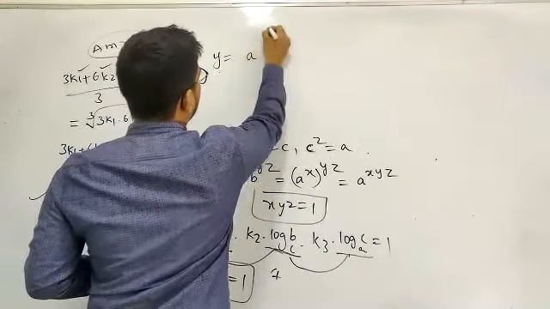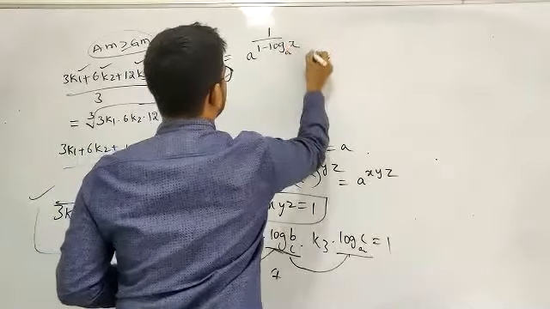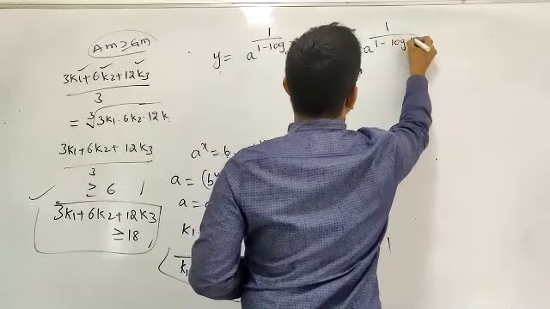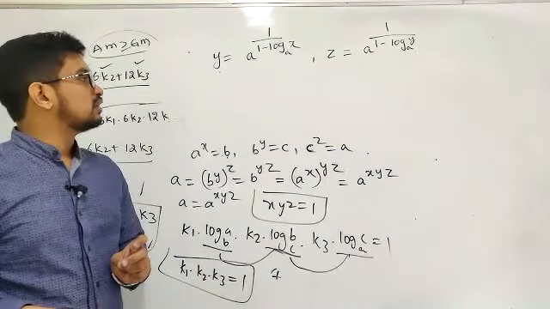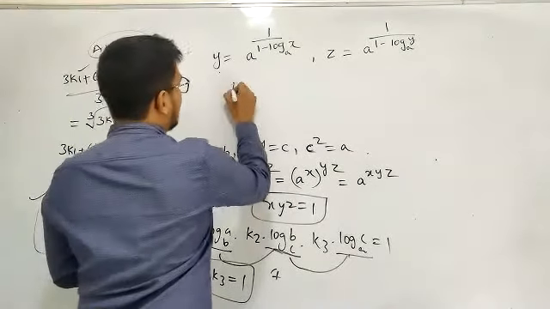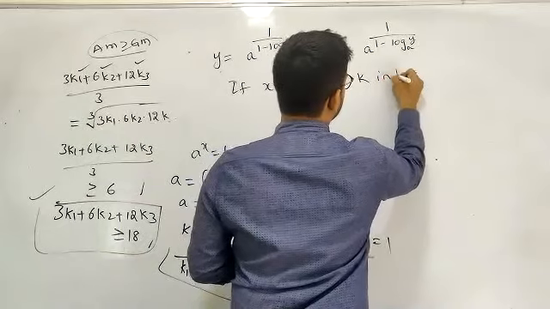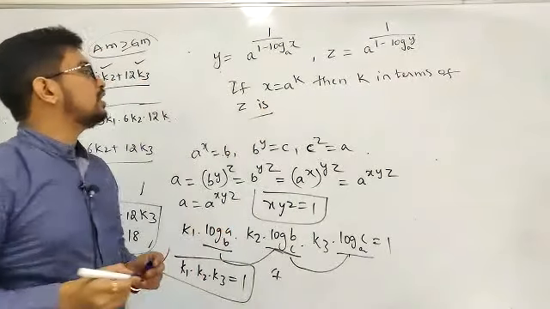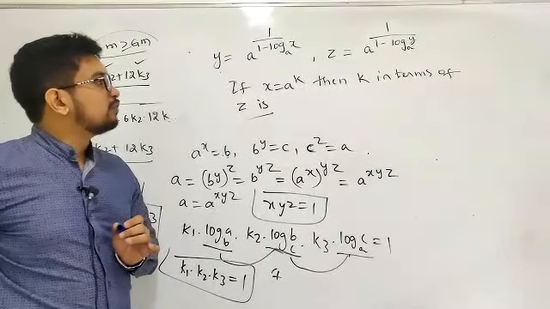Next. y is equal to a power 1 by 1 minus log x to the base a, and z is equal to a power 1 by 1 minus log y to the base a.